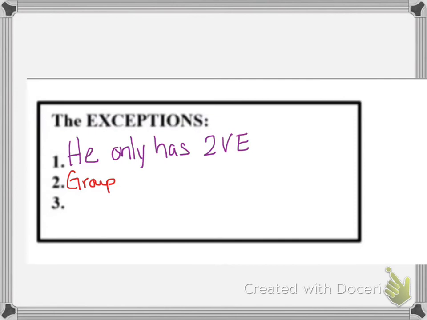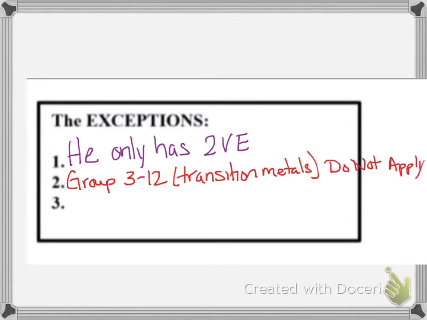When we are talking about the groups to find valence electrons, we never look at transition metals, okay? We don't plot those on Bohr's models, and we don't count those in the group numbers when we're counting valence electrons. So it does not apply to those.